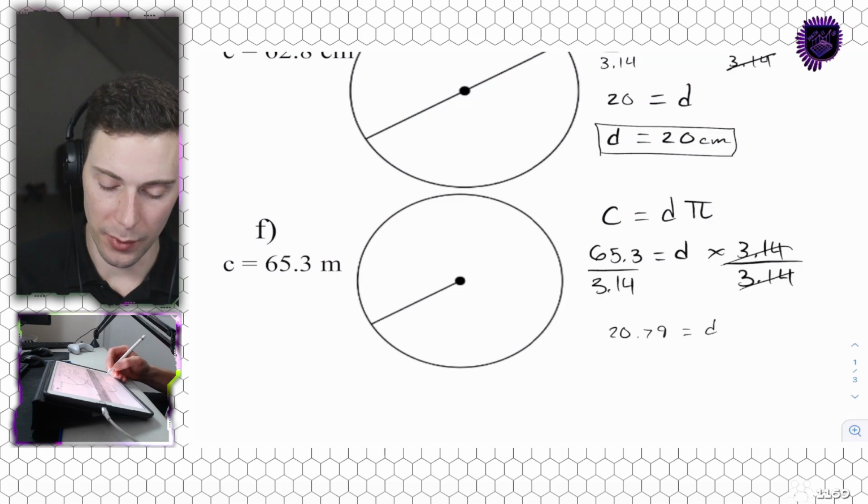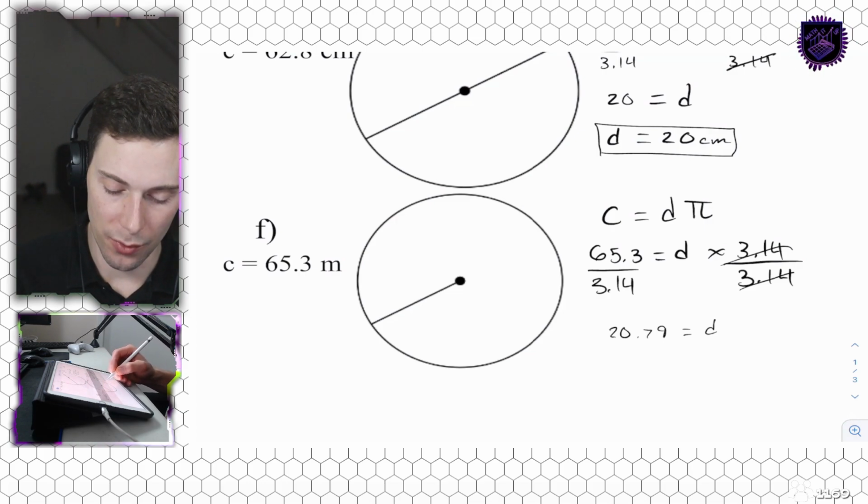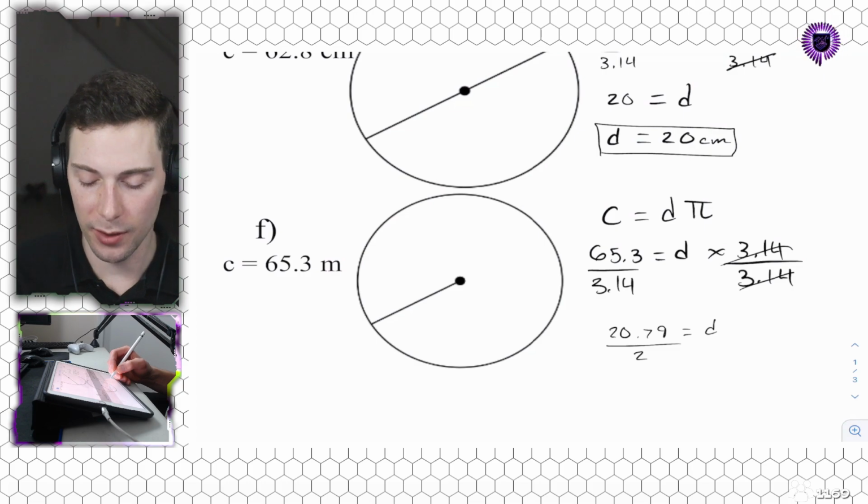And we want to divide that by 2 to get our radius. 10.385.